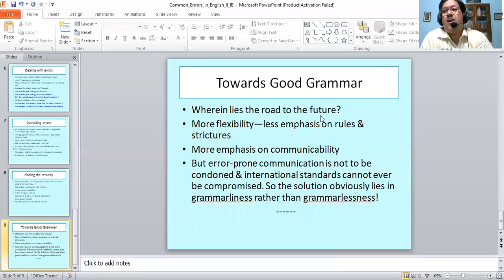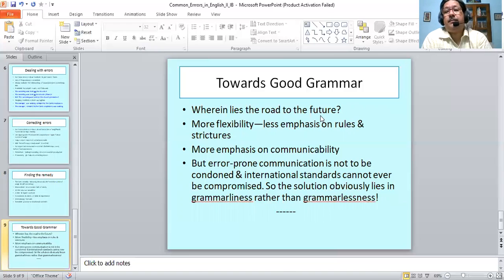More emphasis should be on communicative competence to make communication more free, more flexible. However, the fact remains that error-prone communication is not to be condoned, and international standards cannot ever be compromised in this way.